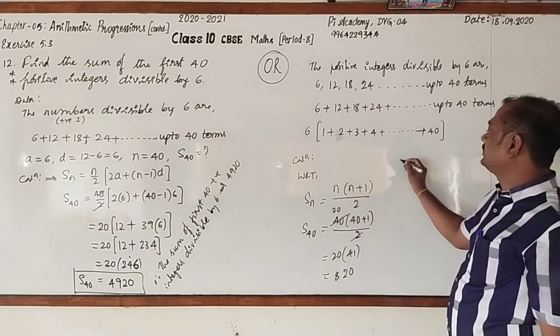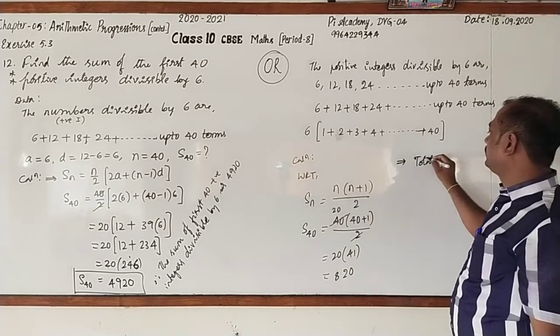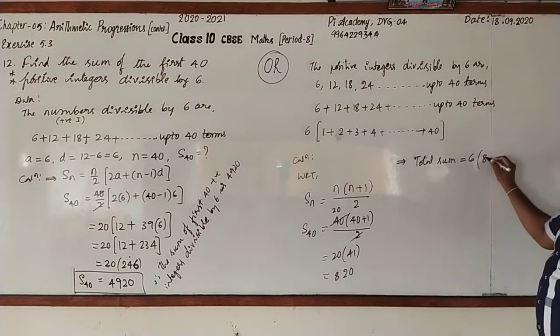But there are 6 times. Hence we can write the sum of 40 terms. Total sum is equal to 6 into 820.